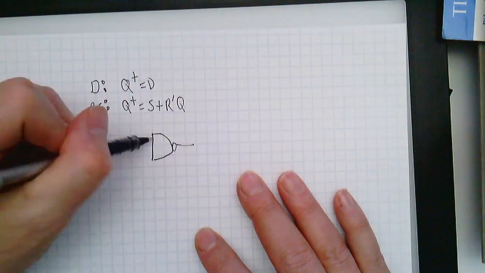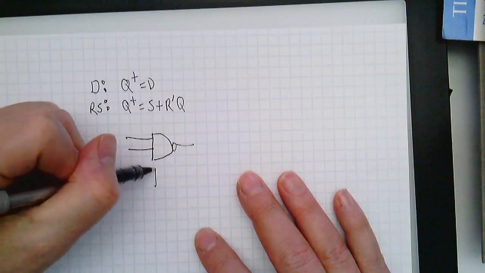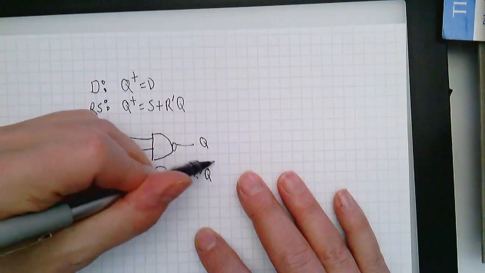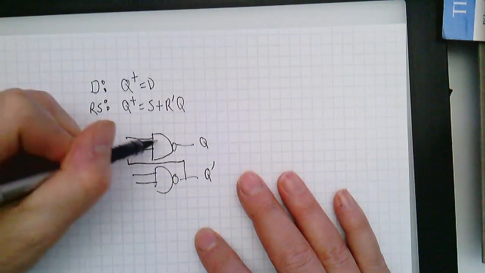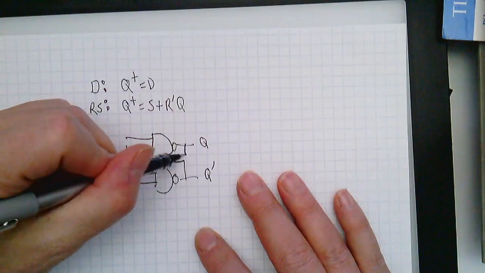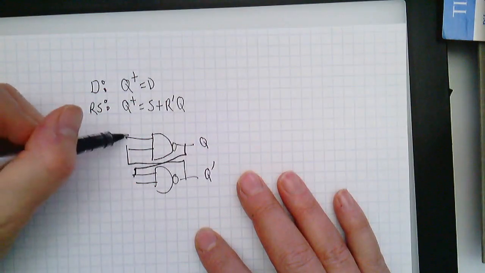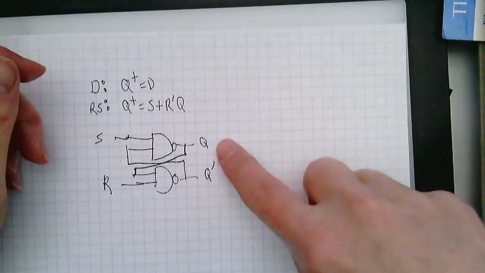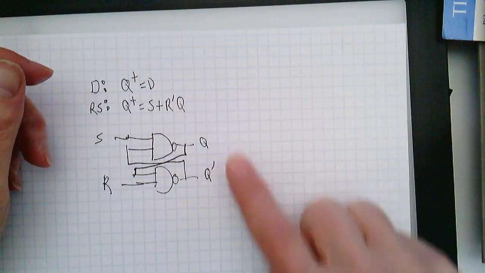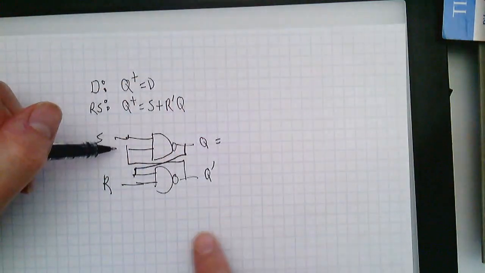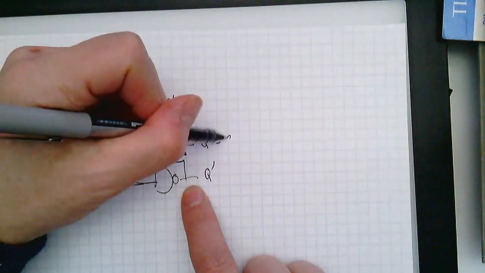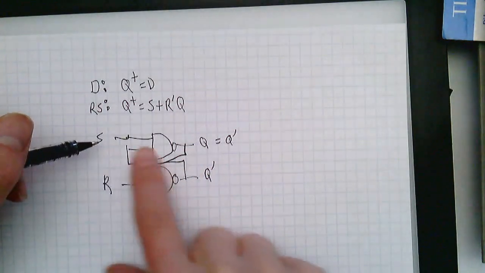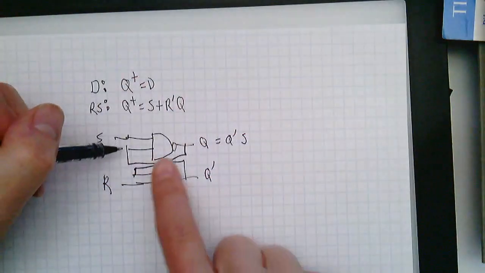Suppose, what's Q? Well, Q is equal to Q prime and S inverted.